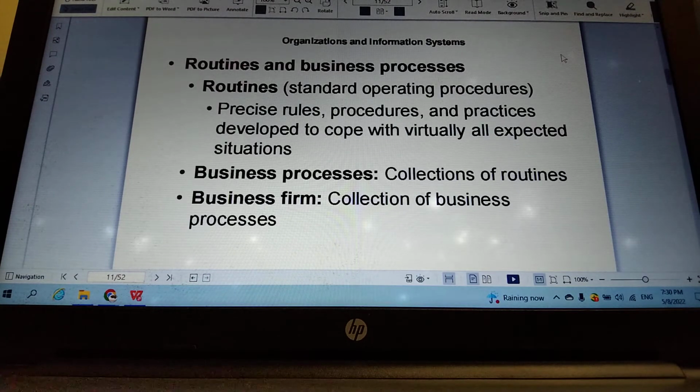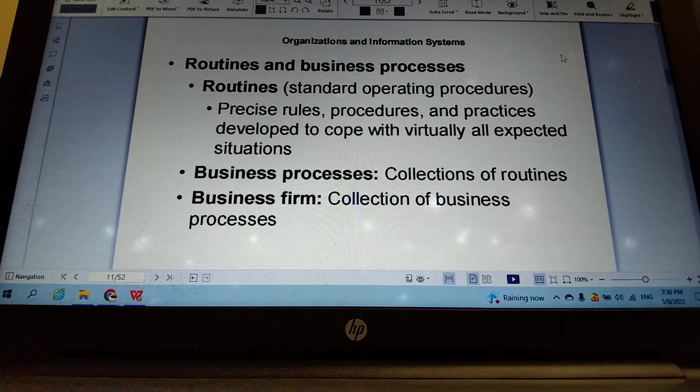Whereas a business firm is a collection of business processes. Business firm is a term that they use in order to highlight or identify a collection of business processes. So you might have more than one business.